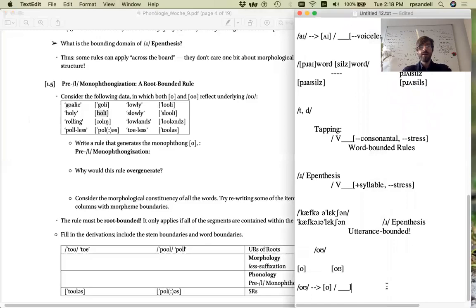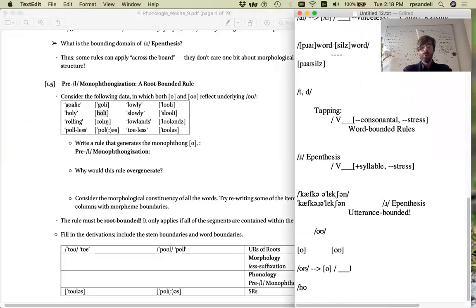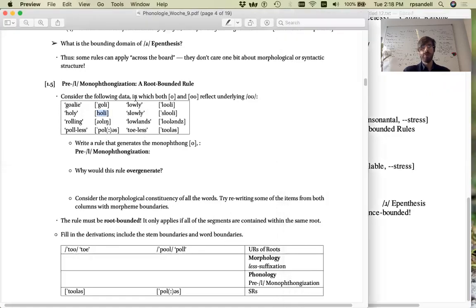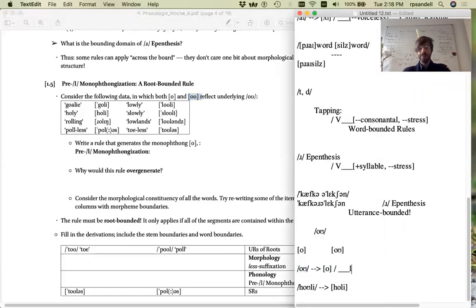So if we assume an underlying representation, holy, through this process, the underlying O will be monophthongized to O, and we obtain holy. But in the forms on the right, on the other hand, an L follows the diphthong O. So we have lowly and slowly, for instance. So that means that as written, L monophthongization will overgenerate.